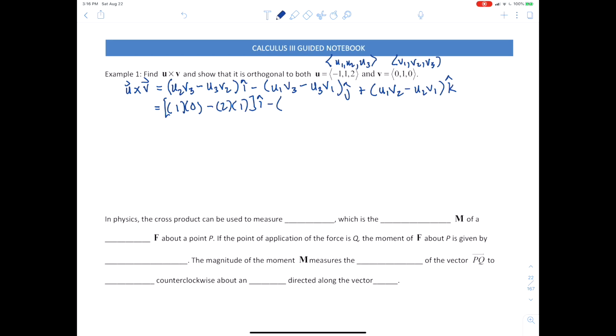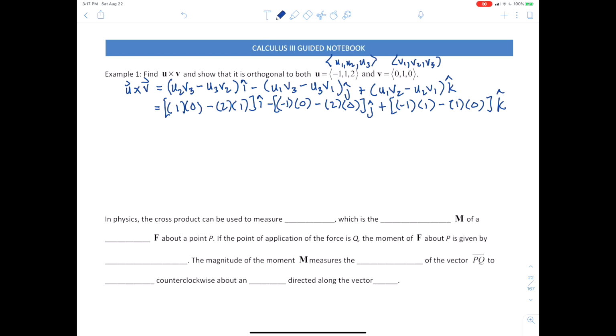Minus negative 1 times 0, minus 2 times 0, j, and then plus, u1 is negative 1, v2 is 1, minus u2 times v1, which is 0, times k.